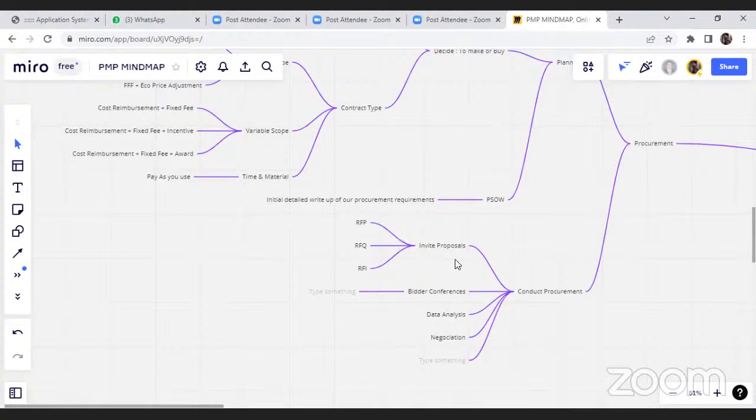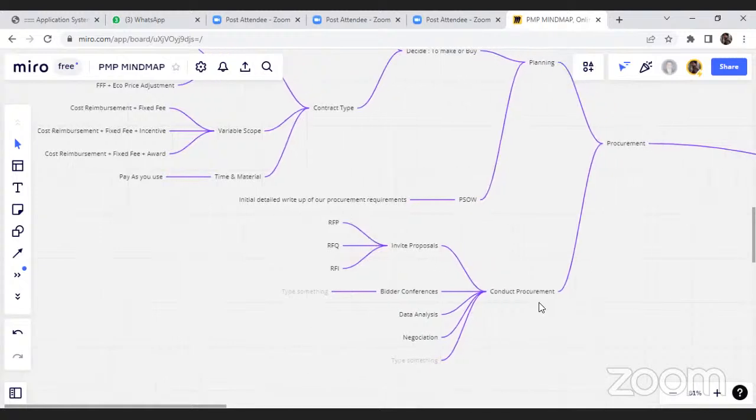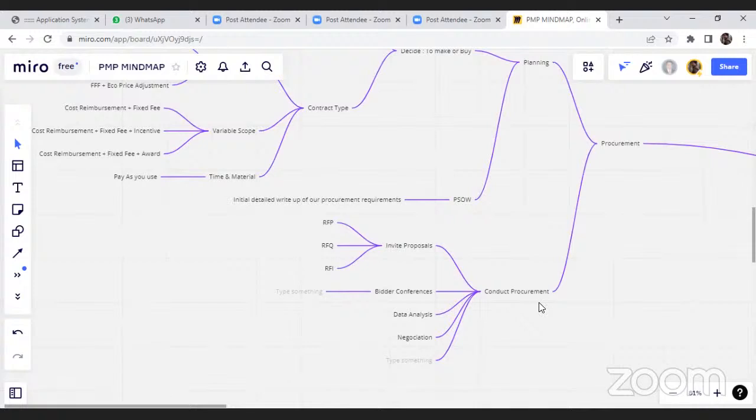Then we move on to conducting procurement, where we invite proposals. After the invitation, we get the requests for proposals, requests for quotations, and requests for information. We hold a bidder conference where the buyers explain the requirements to the vendors and reply to all their queries.